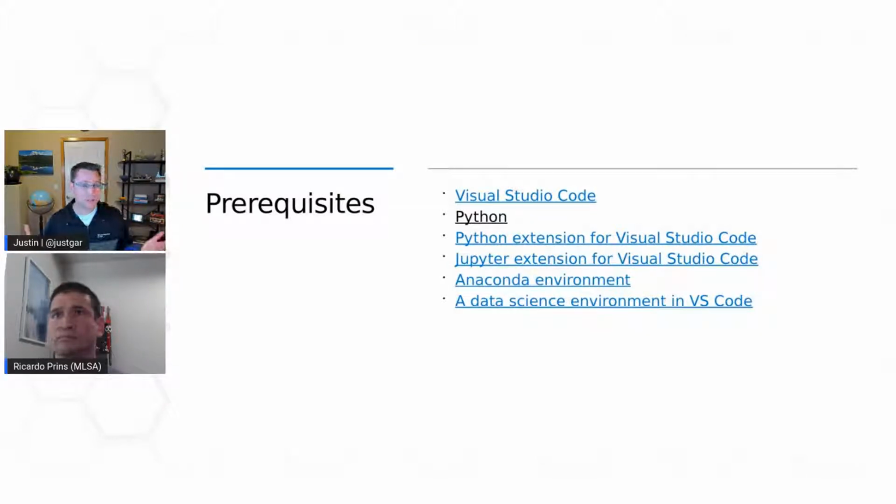Finally, in order to set up, these are the sort of things. All of this is free, just so that you know. It's available in open source. The tools we're working with today are Visual Studio Code. We have Python installed natively on our devices. We have the Python extension in Visual Studio Code, as well as the Jupyter extension. That's basically what allows you to run the Python runtime and the Jupyter experience.